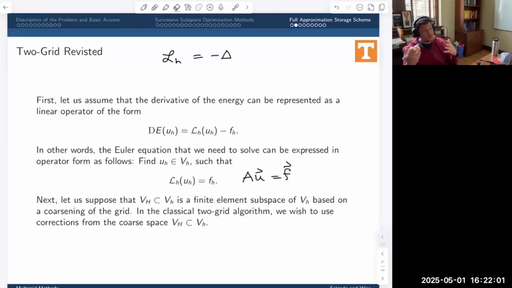So, of course, to do the coarse grid correction, we need a version of the finite element space on the coarse grid, right? We can call that V capital H. Capital H is the coarse grid finite element space, and V sub H is the fine grid finite element space, right?